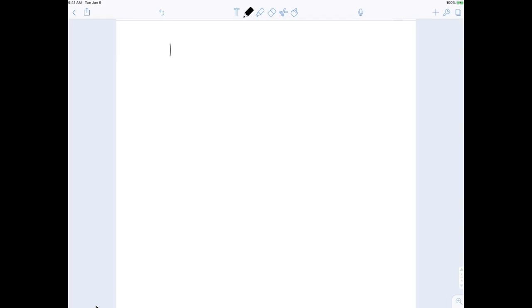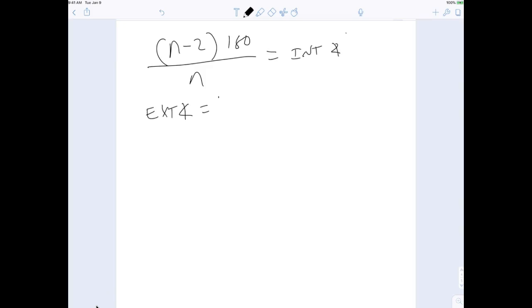N minus 2 times 180 divided by n is equal to the interior angle. And then we have the exterior angle. The exterior angle we said was equal to 360 divided by n, of course, if it's regular.